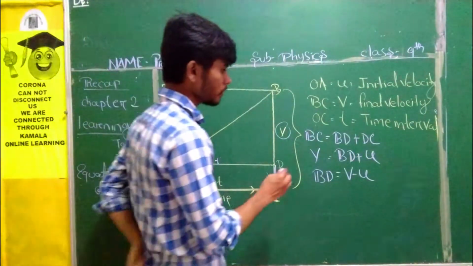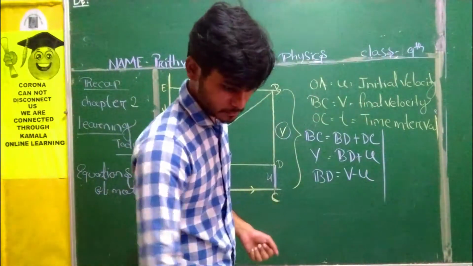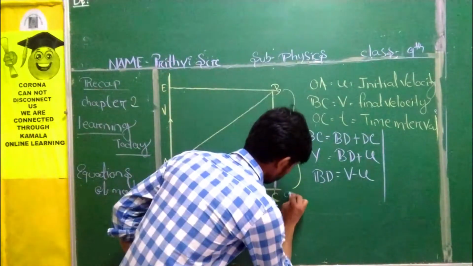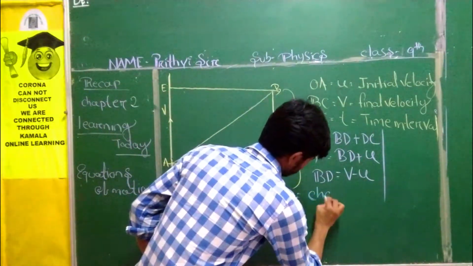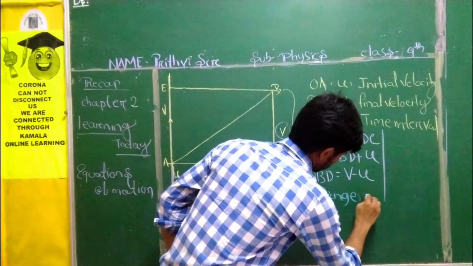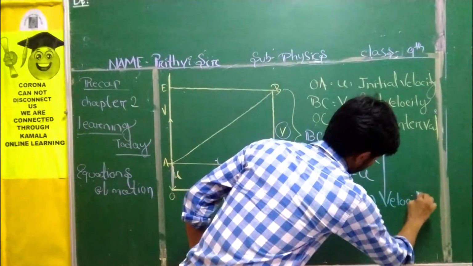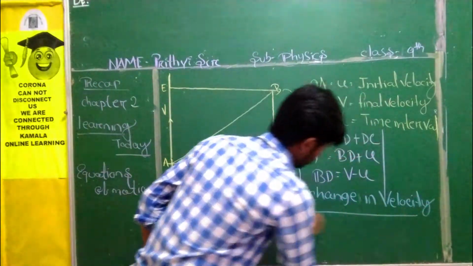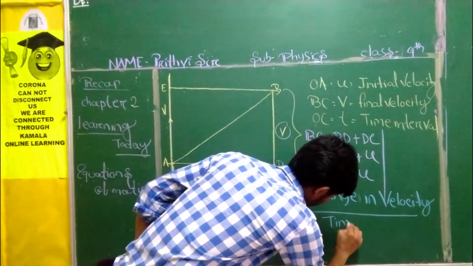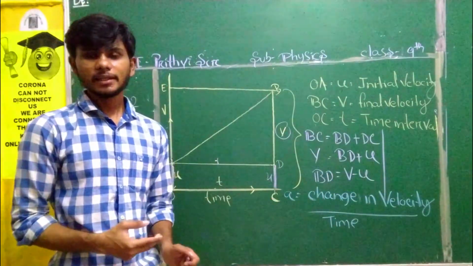A is equal to, as we all know, acceleration, change in velocity by time. Yes students, A is equal to change in velocity by time.